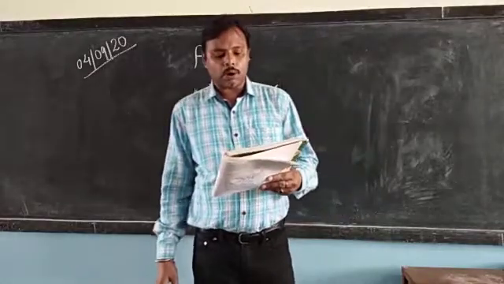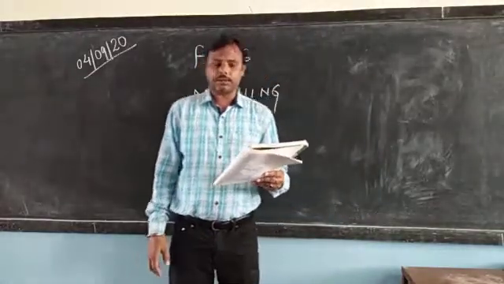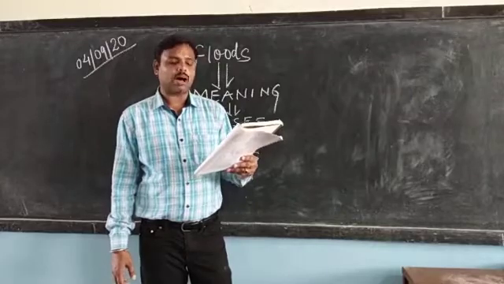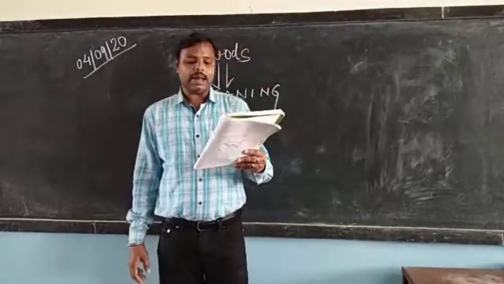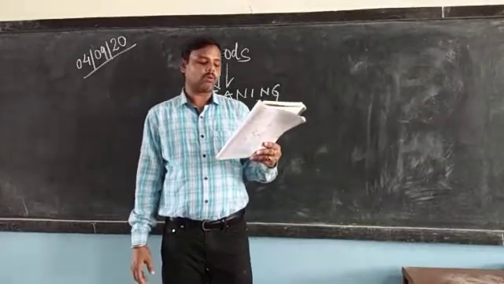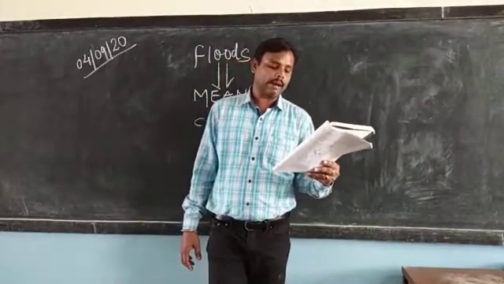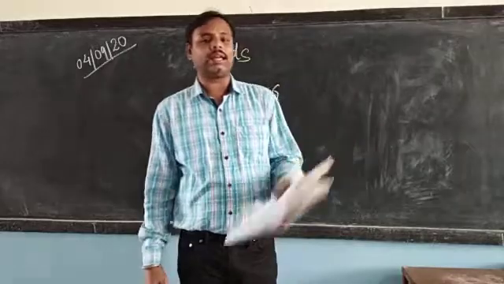When the discharge of water is greater than the capacity of river channel due to rains or fast melting of snow on the hilltops or any natural catastrophe, the excess of water begins to flow over the river banks and submerges the adjacent areas.